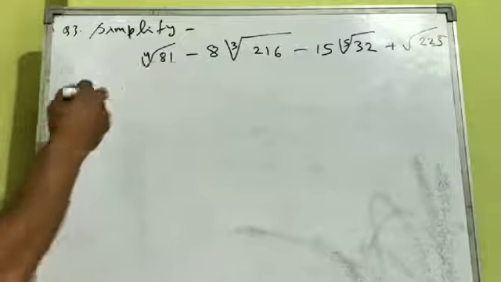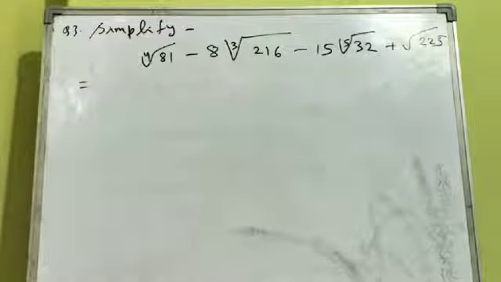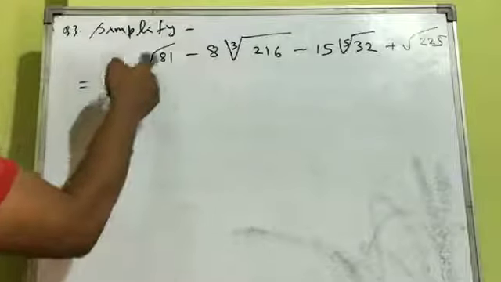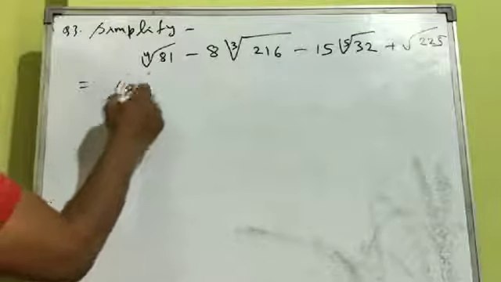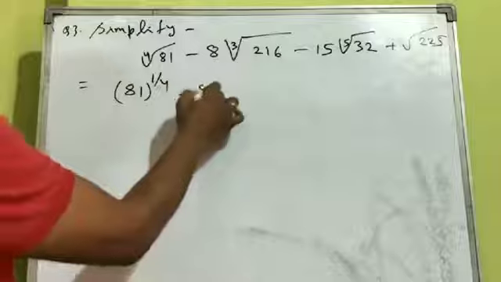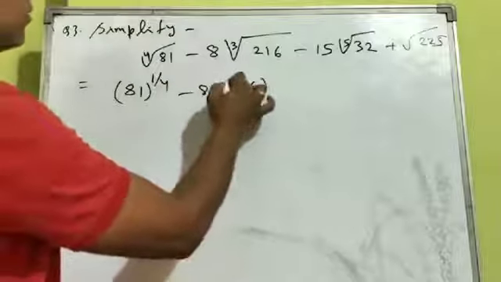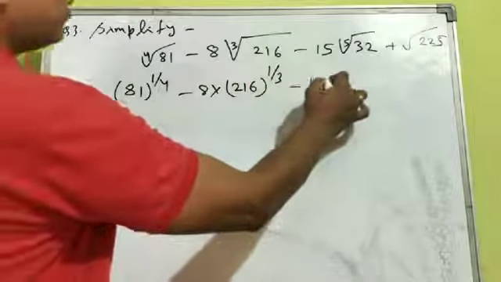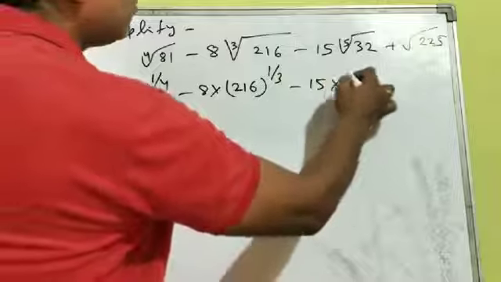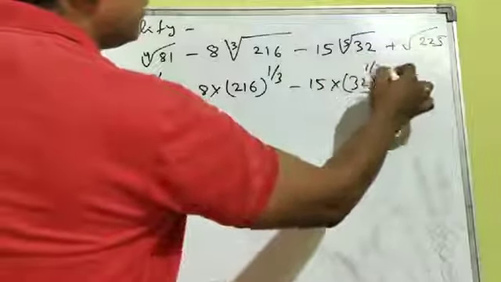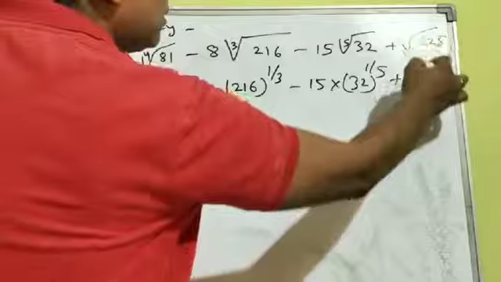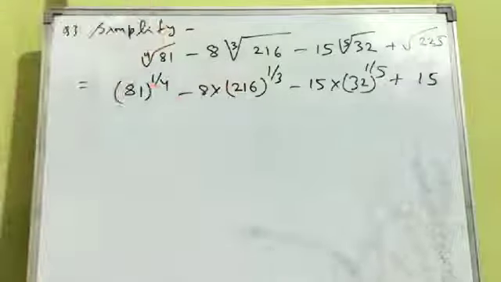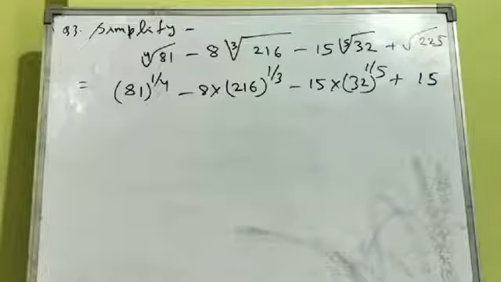Okay, square root of 225. So first of all change it into exponent form. The fourth root of 81 can be written as 81^(1/4) minus 8 × 216^(1/3) minus 15 × 32^(1/5) and plus, the square root of 225 is already 15.